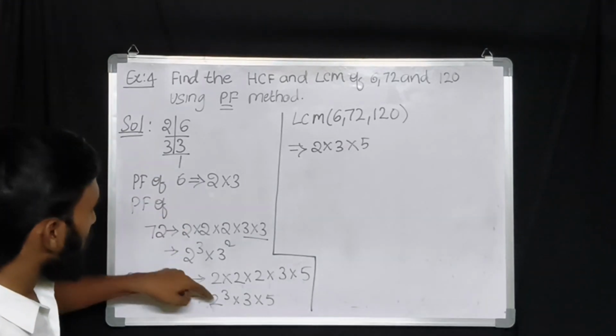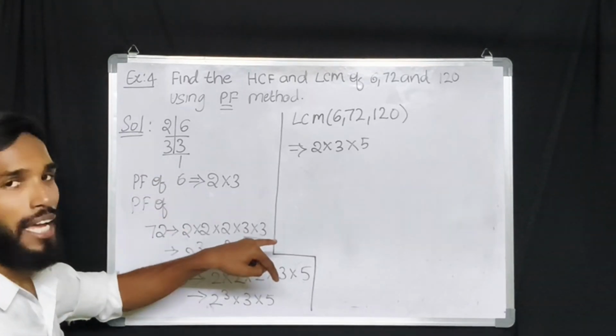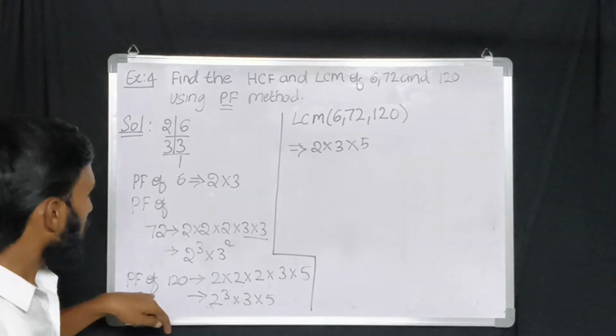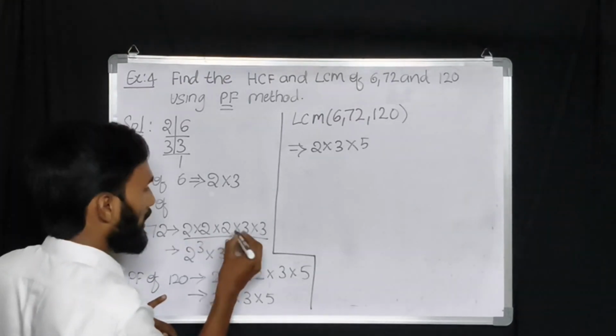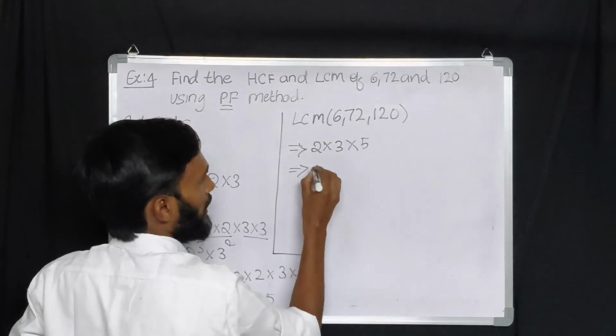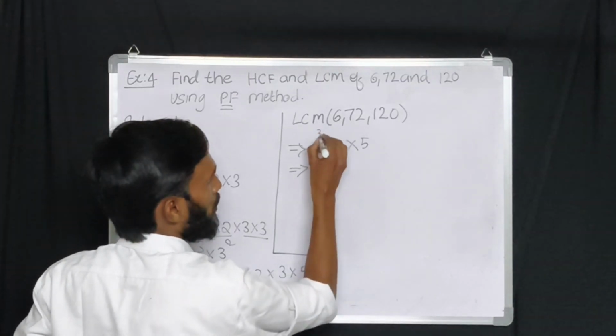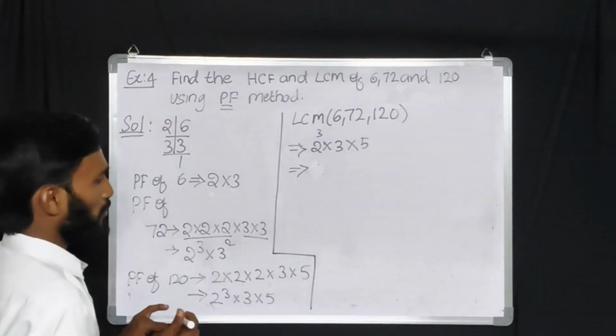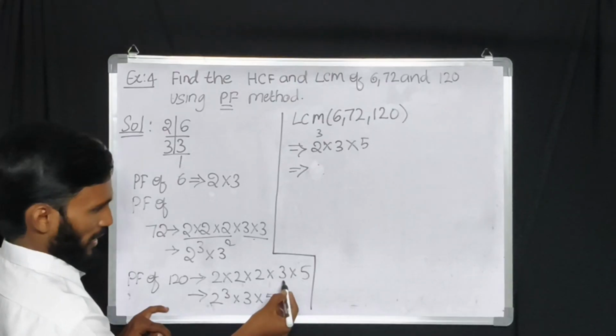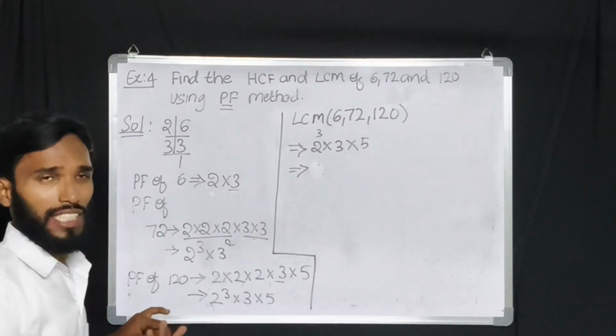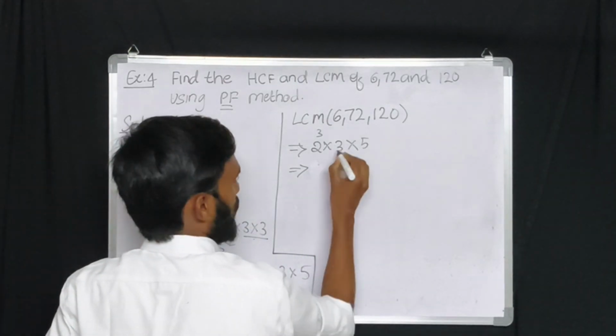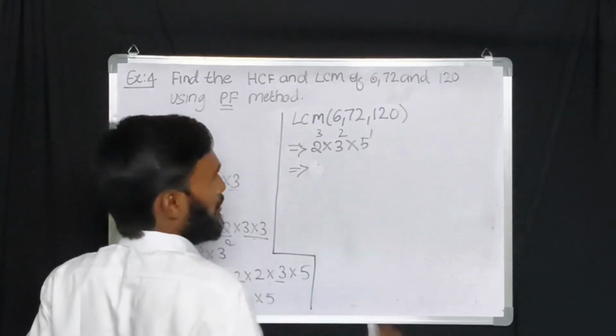Here 2 is common in all, but it has the highest times in 72 and 120. How many times? 3 times. That means write 2 cube. How many times 3 did you get? Here 2 times, here 1 time, here 1 time. Where did you get the most times? Second one, 72, right? 3 square and 5 power 1.